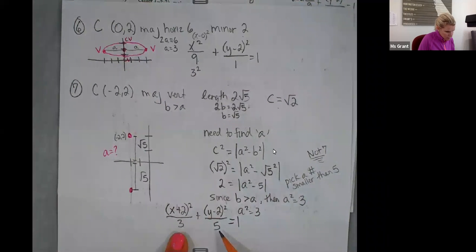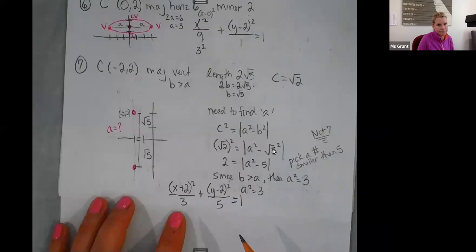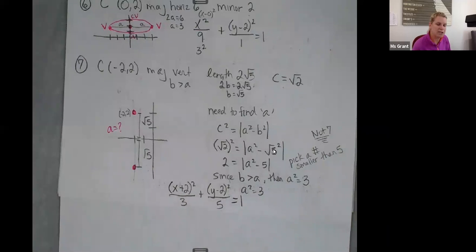B is rad 5, so B squared is just 5. I didn't have to draw it, I just had to write the equation. Okay, any questions? That's 7.